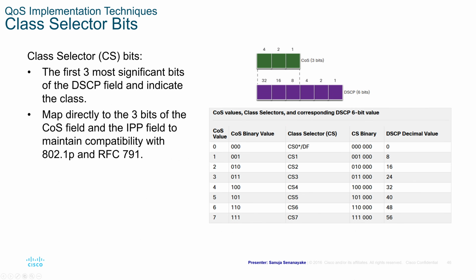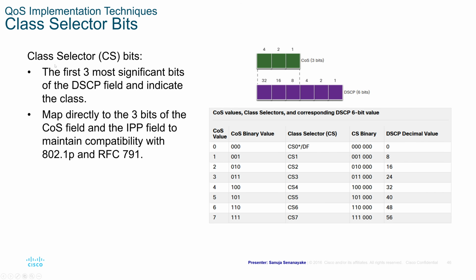Class selector bits. The class selector, also known as CS bits, have this type of configuration where the first 3 most significant bits of the DSCP field indicate the class. So the class selector bits are the first 3 most significant bits in the DSCP field. And it maps directly to the 3 bits of the QoS field and the IPP field to maintain the compatibility with 802.1p and RFC 791 standard.